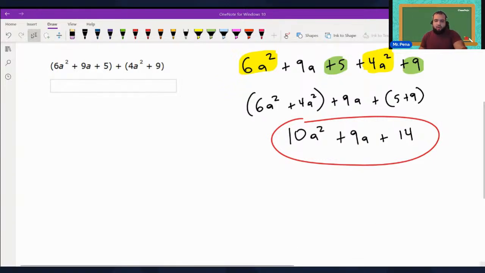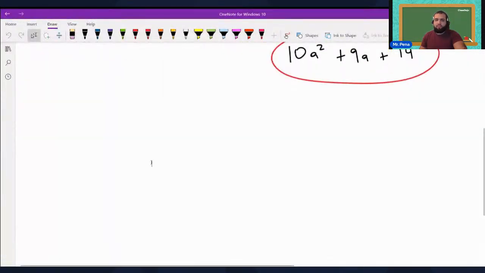If that was a little too small, my apologies. 10a squared plus 9a plus what again? 14. Now I'm going to get the next problem without the box, so I can just work with the problem that I already have.